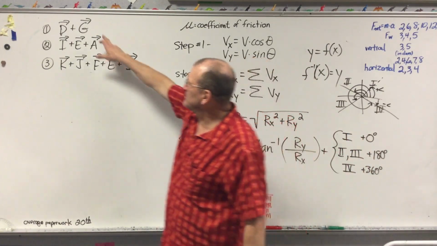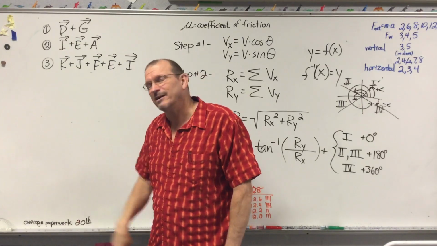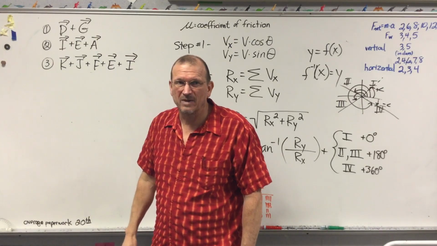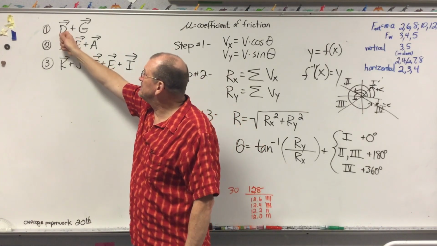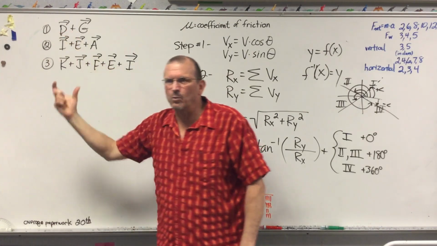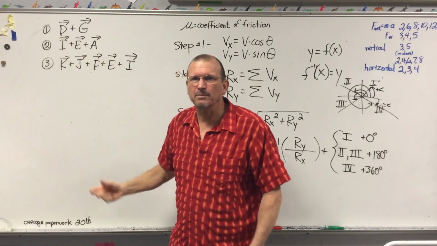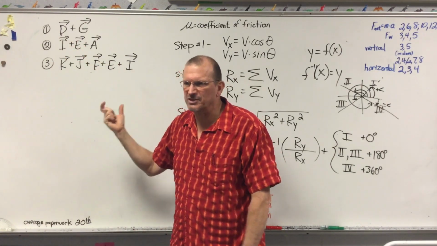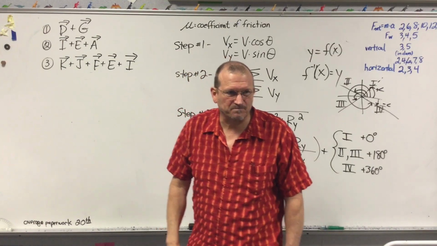So when someone does D plus G and they just say, my Rx is this number and that's all you give me, you won't be getting full credit on that one. I literally want to see you say D, your Rx is going to be one, you don't have to give me the Dx plus Gx, but I need to see the two numbers that you're combining from your master list to get your Rx value.